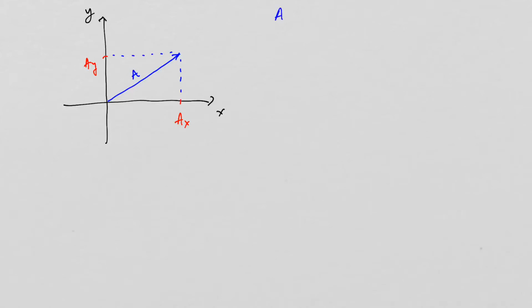The magnitude of A is simply the square root of ax squared plus ay squared. If I wanted to find the angle theta, then I have to find the tangent of that angle.